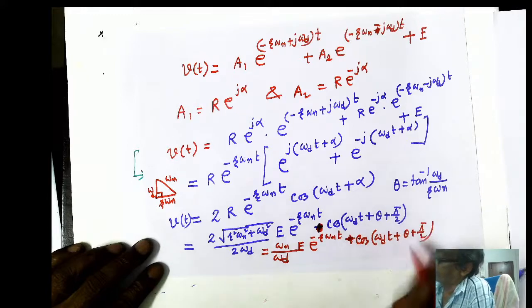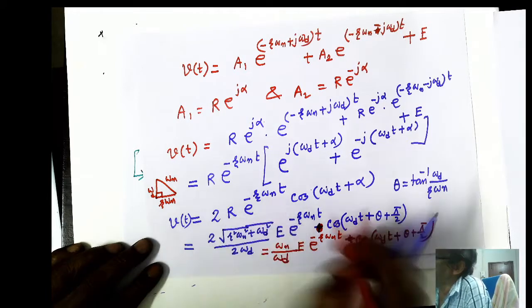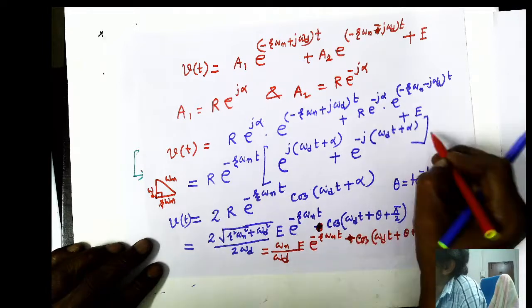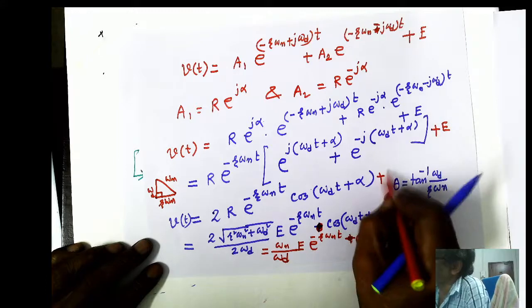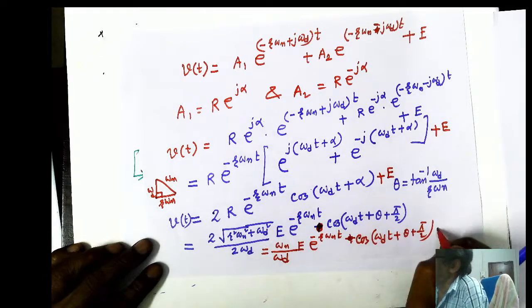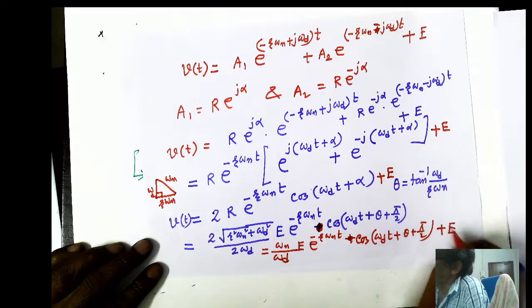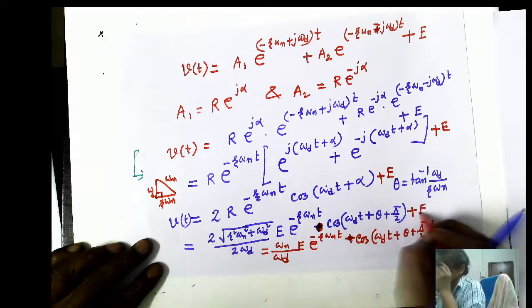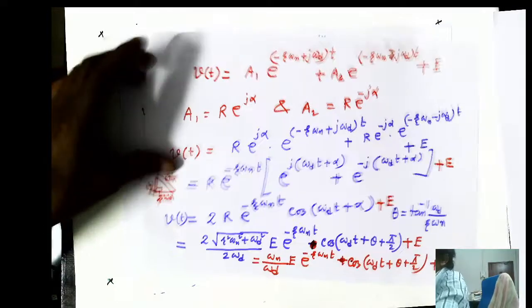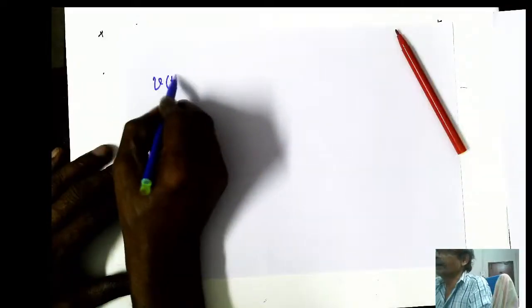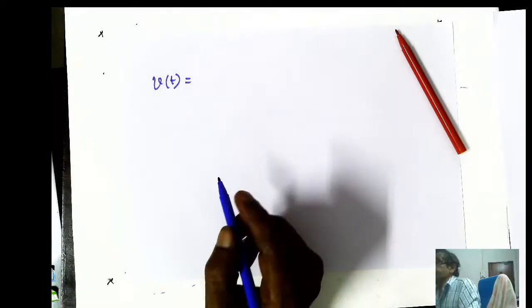And of course, since I am writing the total solution, this is the solution due to natural response, I should go on adding the solution due to forcing function. And finally, you will get v of t as the total solution as omega n by omega d.